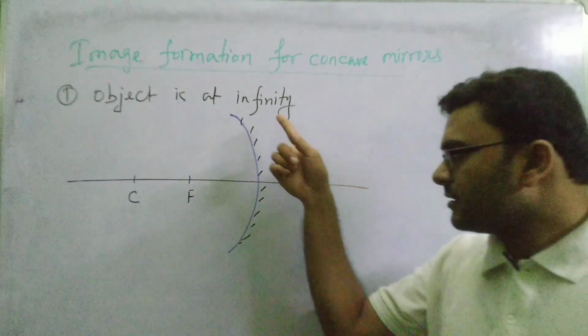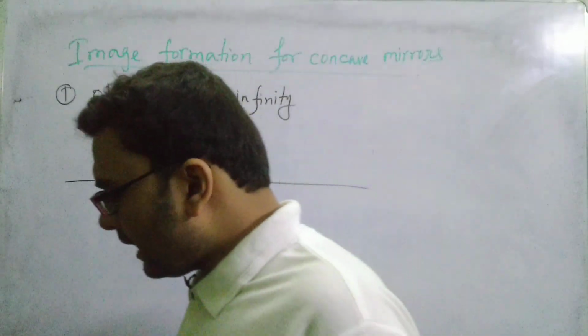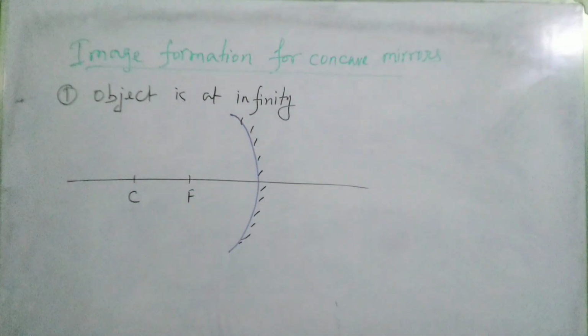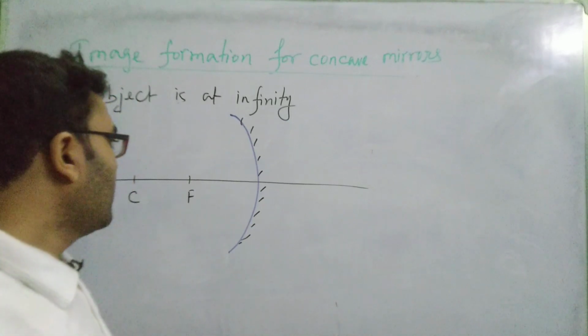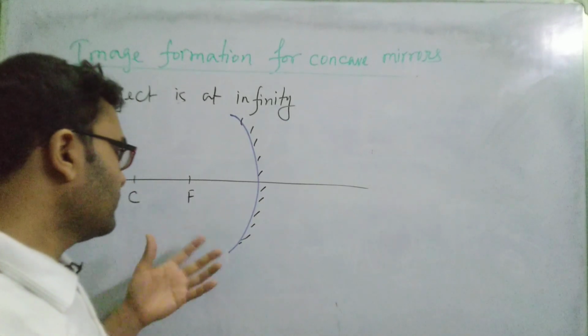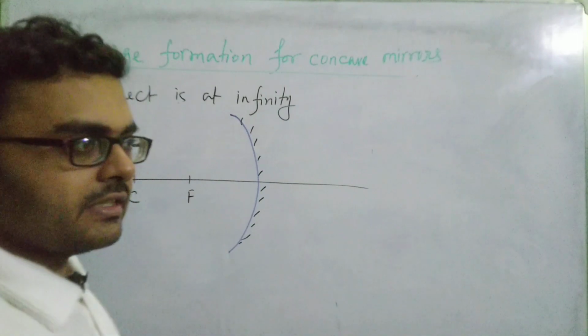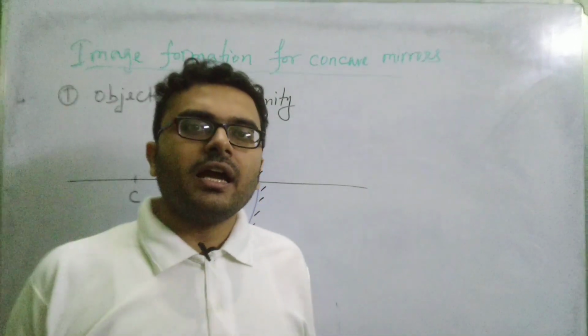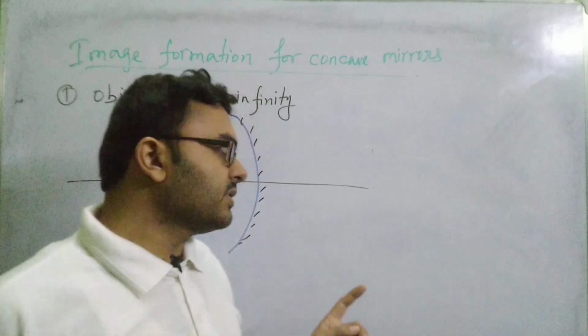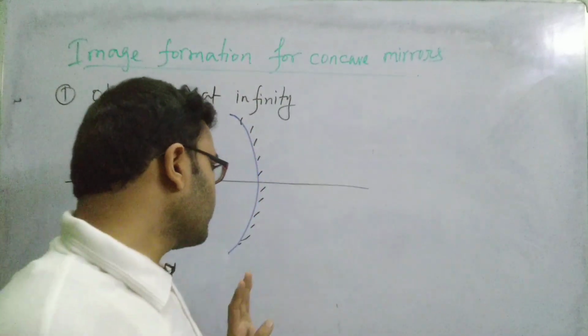In order to draw the curved line that represents the mirror, take the help of your compass, okay, and set a distance of about 6 centimeter. Take a length of 6 centimeter in your compass, and taking that arc length, draw this curved line, blue colored curved line.